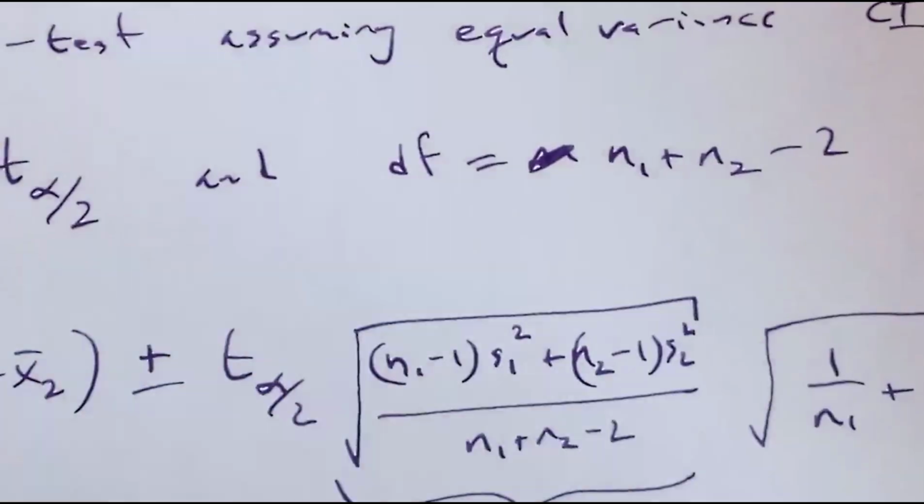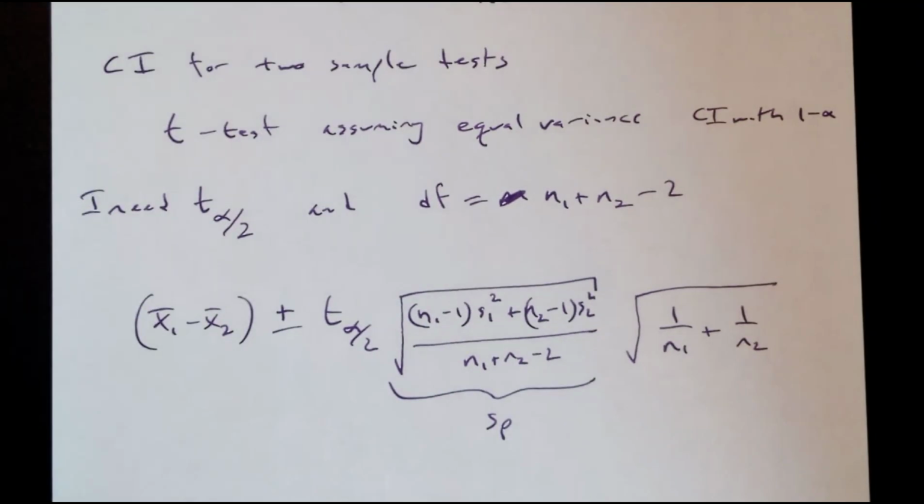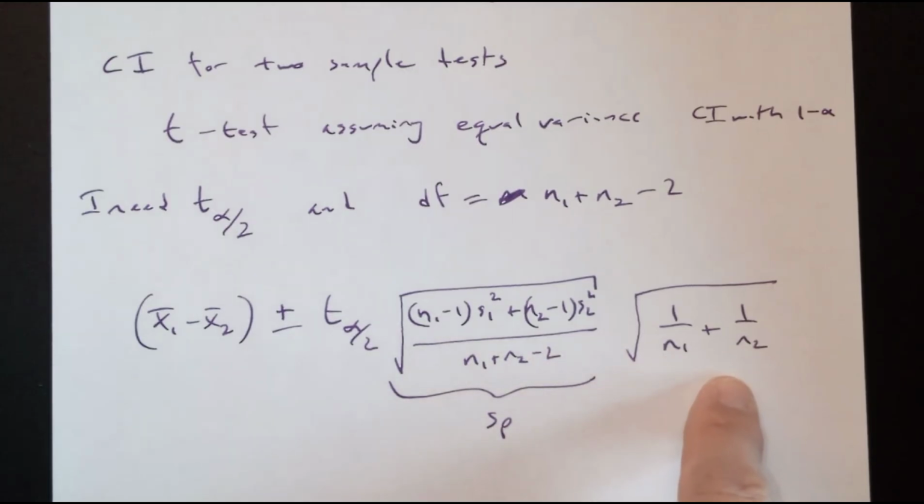Yes. But look at this formula. T alpha over 2 times the variance, and then the square root of n is in the bottom. Only there were two n's, so I have to combine them this time. I'm using the pooled variance, and I'm dividing by n. This is the same formula, tweaked to work with two samples instead of one.